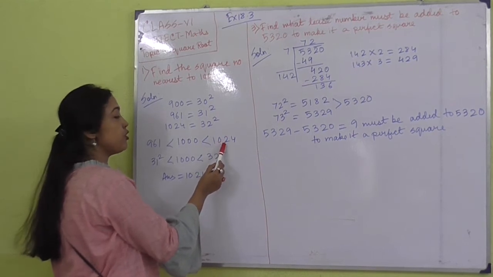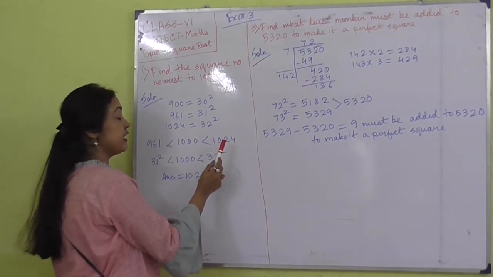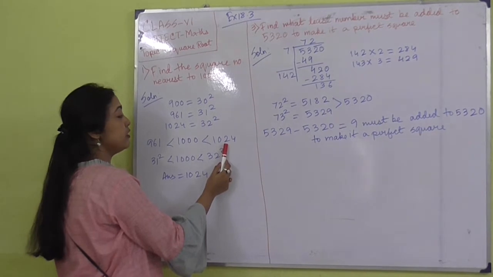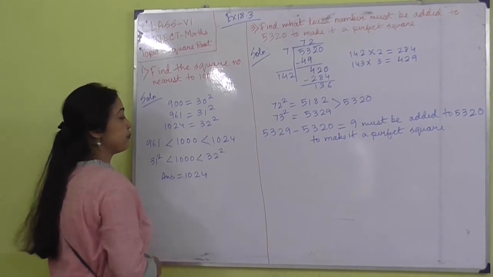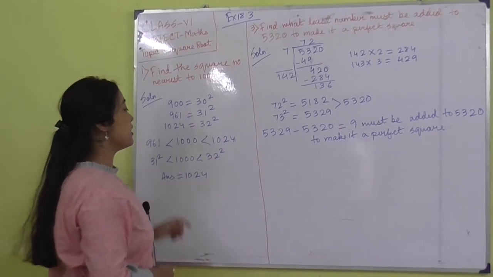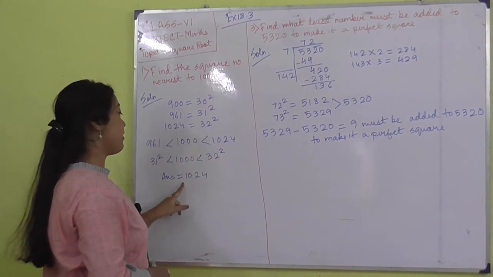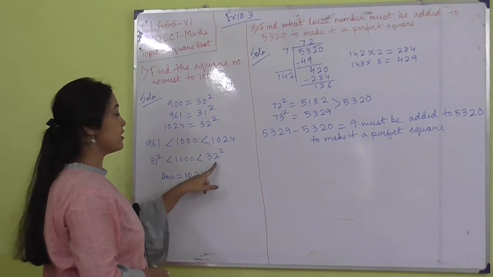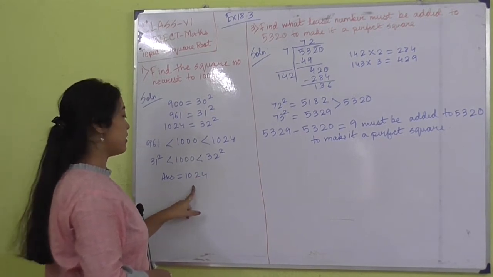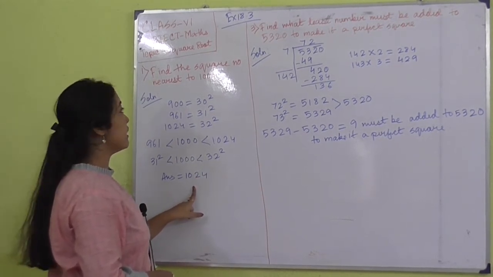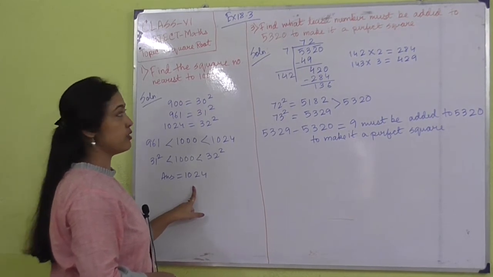So 1024 is the nearest perfect square number to 1000. So our answer will be 1024. It is 32 square.